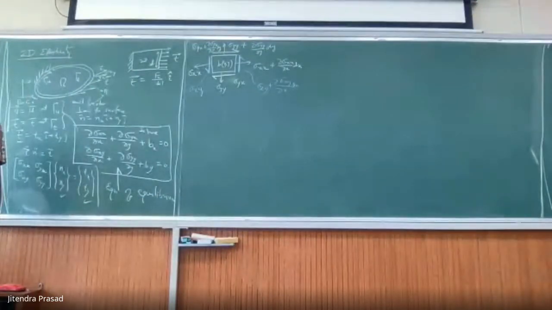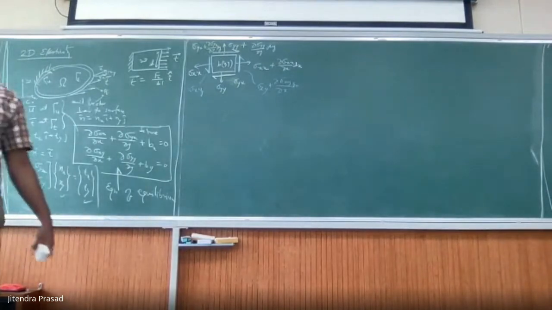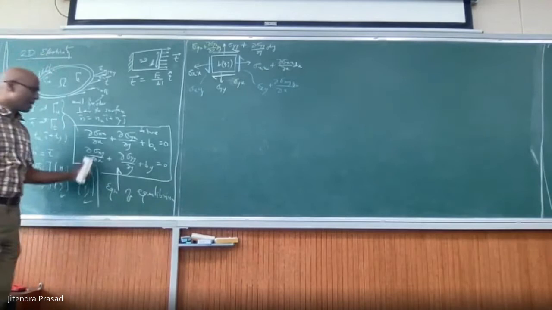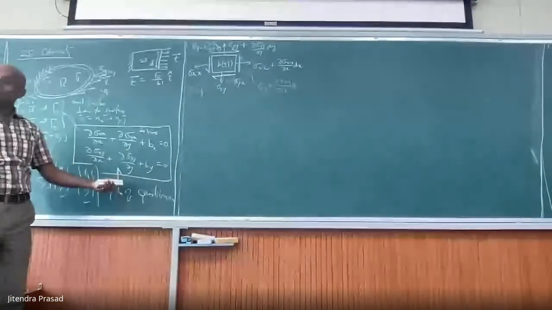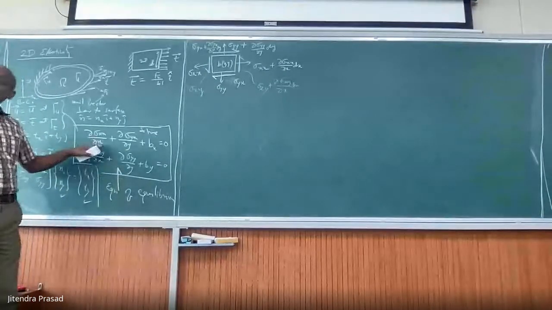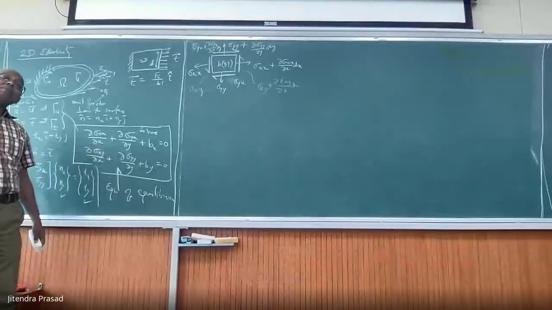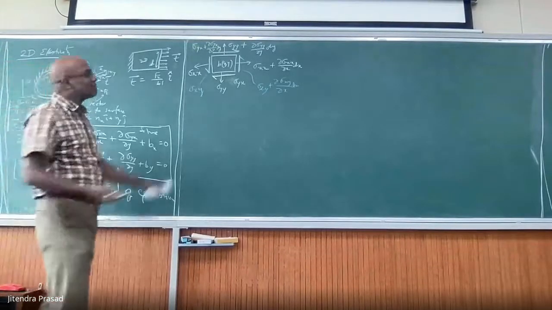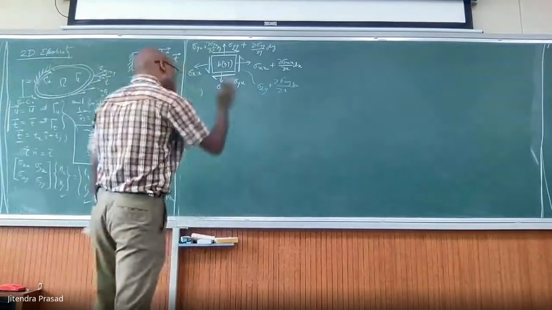It comes from Newton's second law of motion: because acceleration is zero, the summation of forces is equal to zero. So this is the equation of equilibrium in the x direction and y direction. But we did not see what happens to the moment. Moment is something we also have to consider.